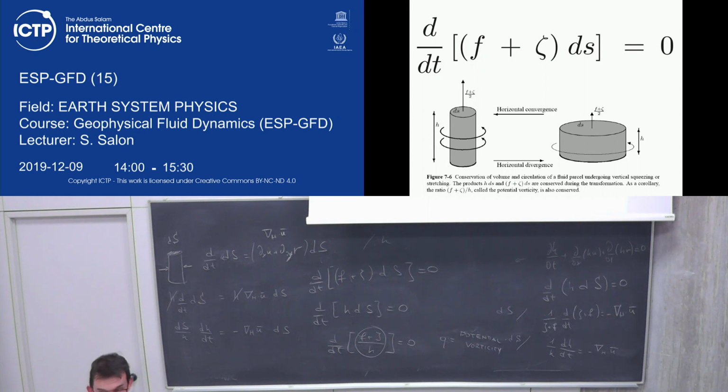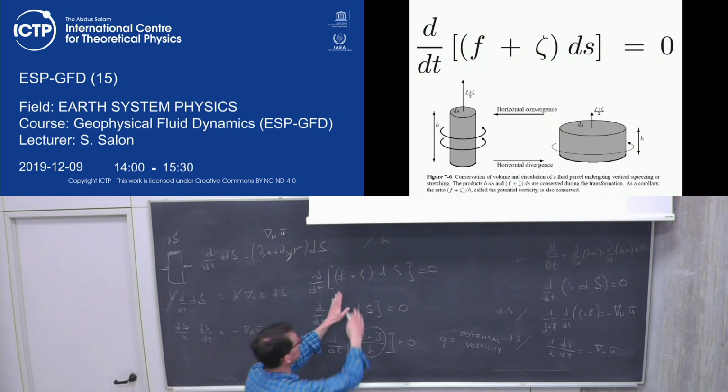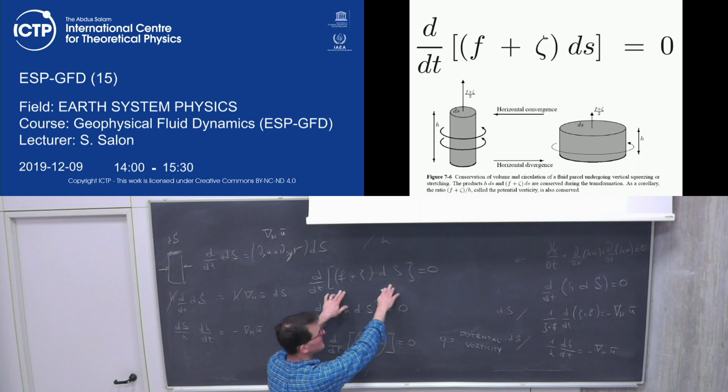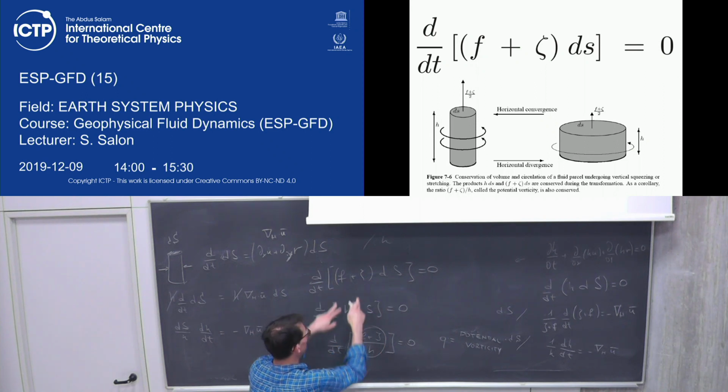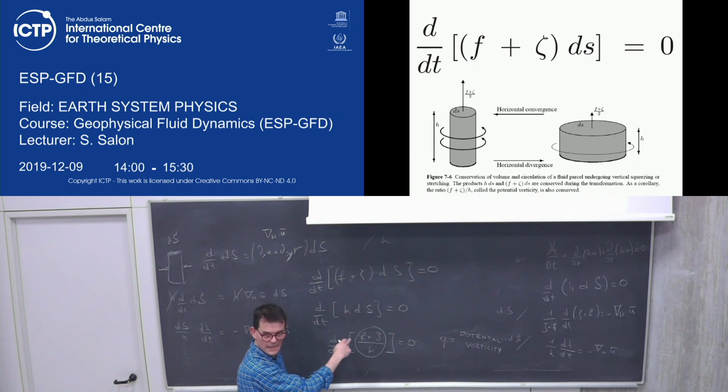Yes, but even if the constant is not equal, the variation in time is 0. So it means that this is a constant in time. This is a constant in time. Yeah. Okay, so the fact that their ratio is still a constant means that they cannot change in time.